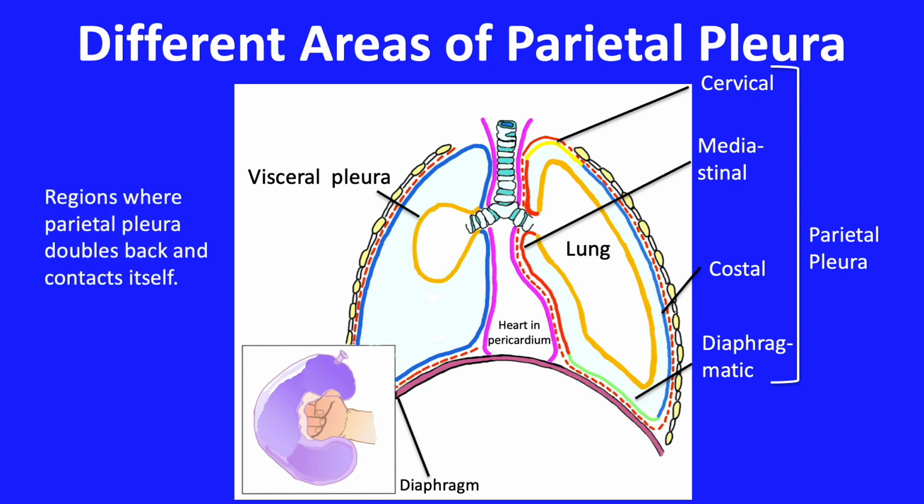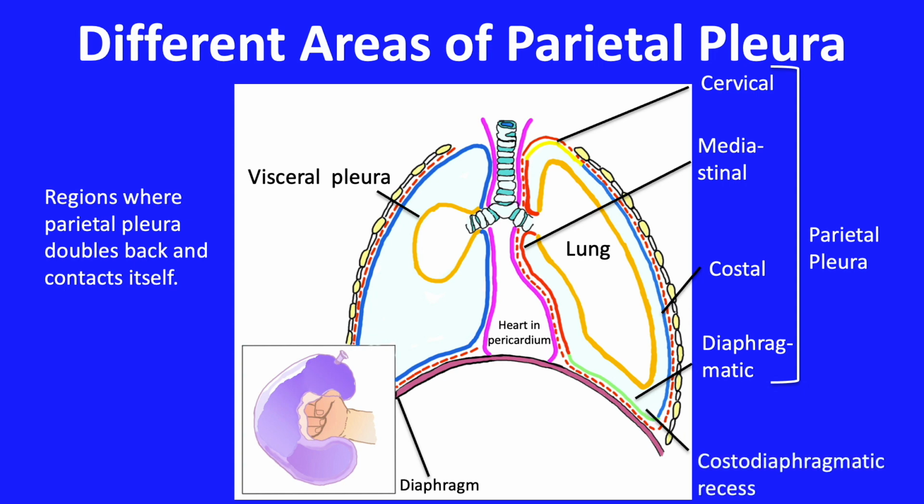In addition, the parietal pleura folds back, reflects on itself at certain locations when the lung is not intervening between it during inspiration. The potential spaces created are known as pleural recesses, and the pleura will be described as a pleural reflection.